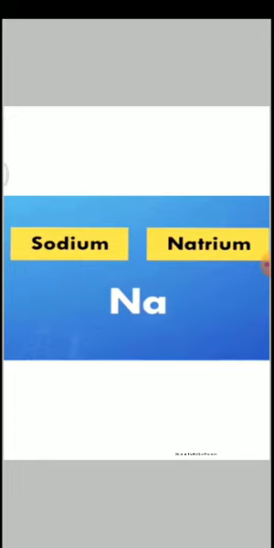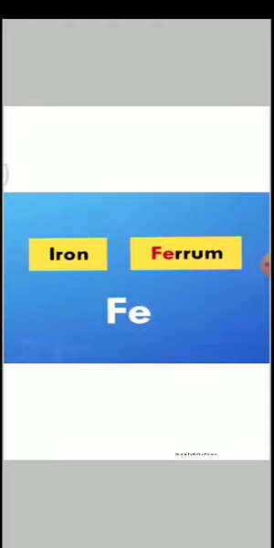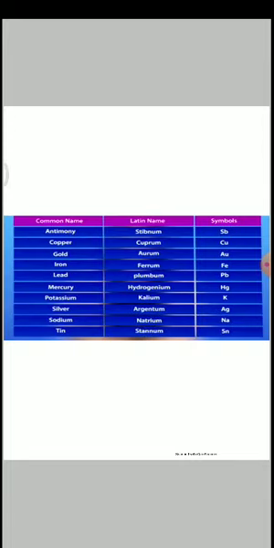The Latin name of sodium is natrium, and hence the symbol is Na. Similarly, the Latin name of iron is ferrum, hence the symbol is Fe. There are 11 elements in total which are given symbols using their Latin names.